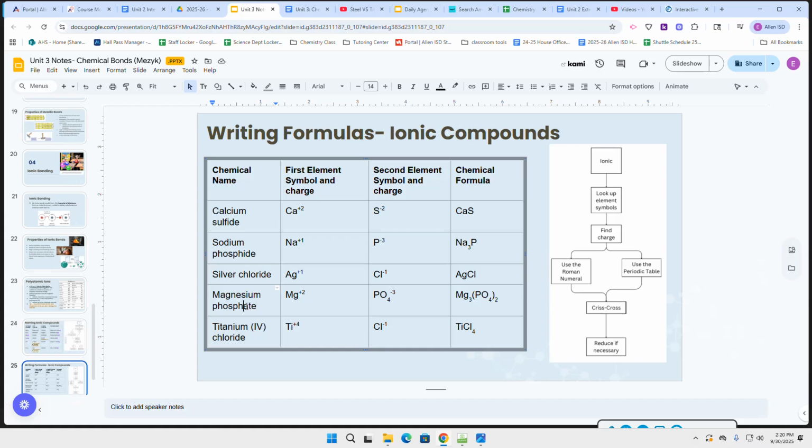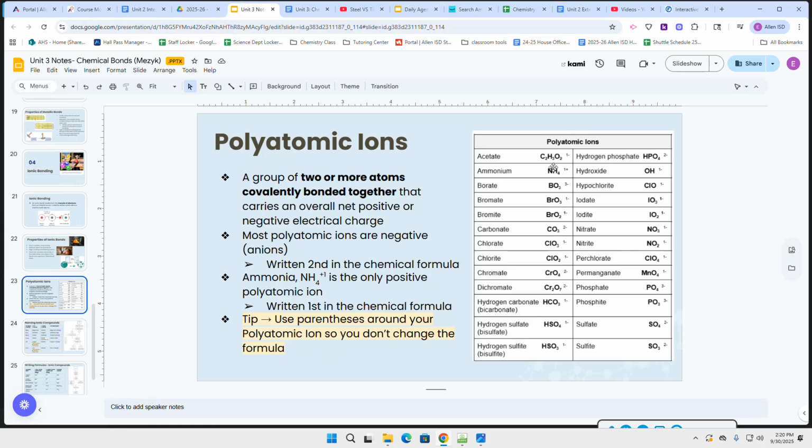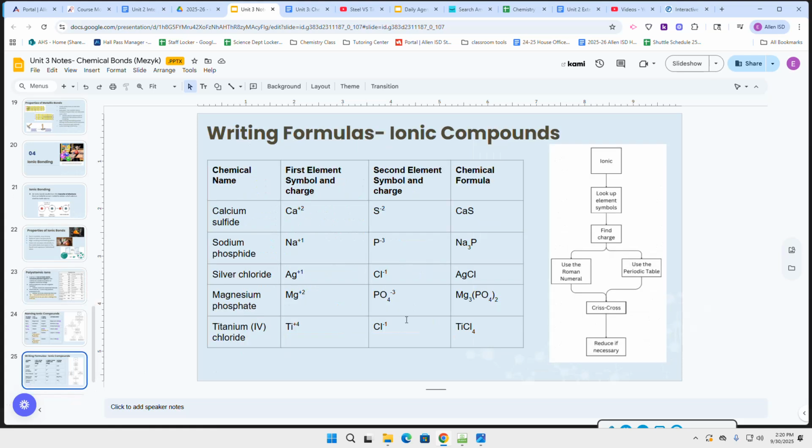If I have anything that ends in -ate or -ite, you need to be looking at your polyatomic ions, which are on the back side of your periodic table. So here I'm going to find phosphate, which is right here. So PO4 -3. So I'm going to write my symbol and my charge.